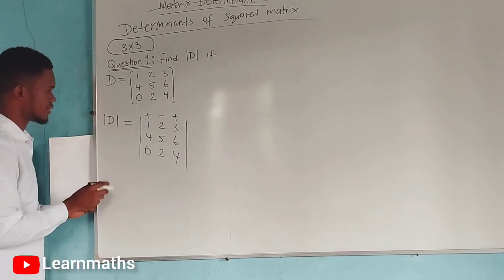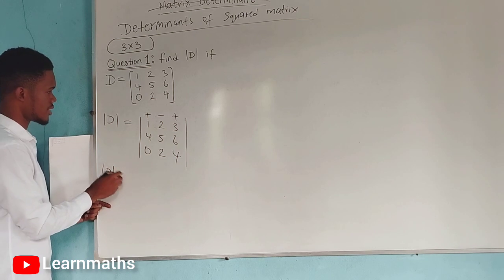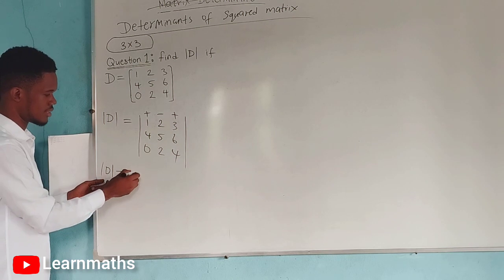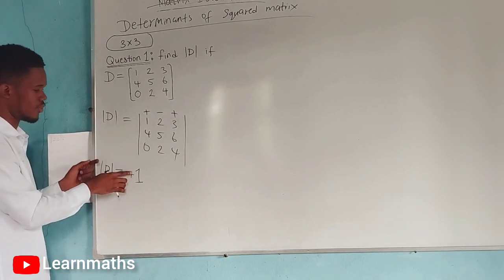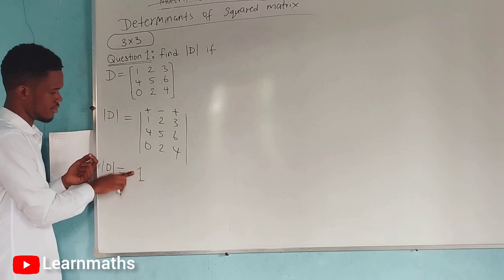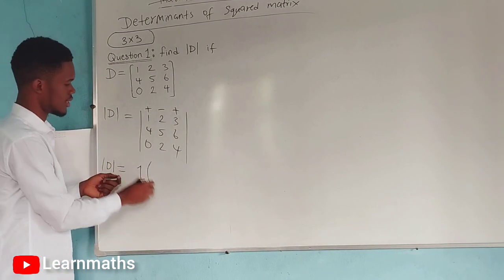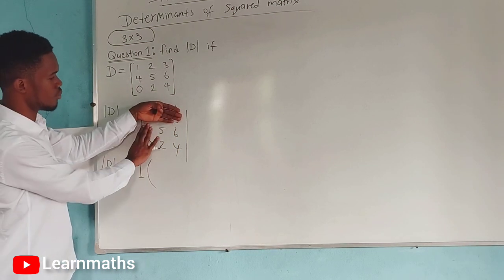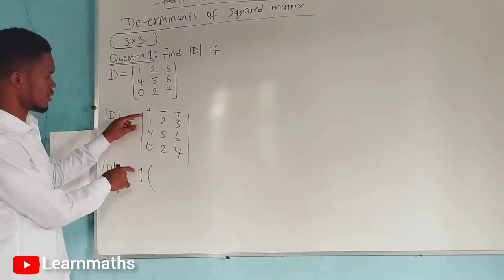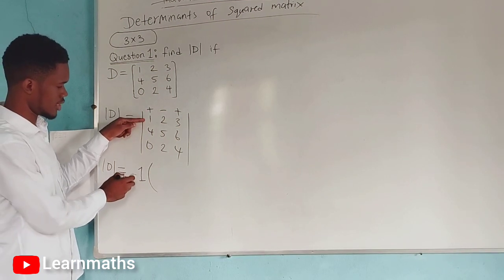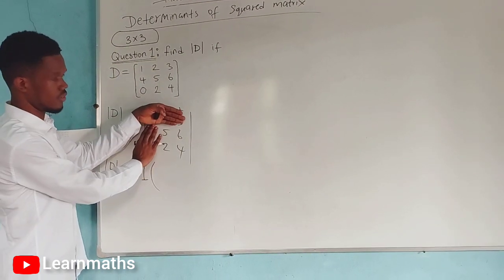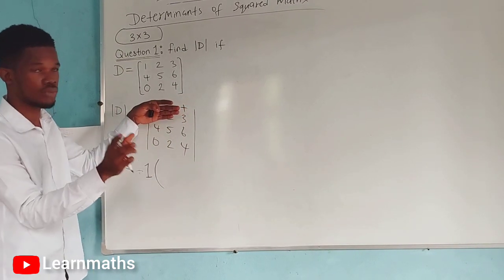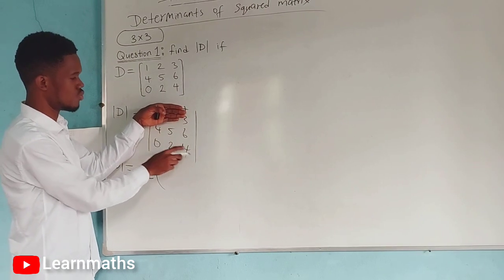Now we're going to start with the first number there. That's +1, right? Do I need to include the positive before it? No, we know it's a positive number. Now, you see this +1 is located at row 1, column 1. Now if I obstruct that first row and first column, you notice I have a smaller 2 by 2 matrix that is 5, 6, 2, 4, right?